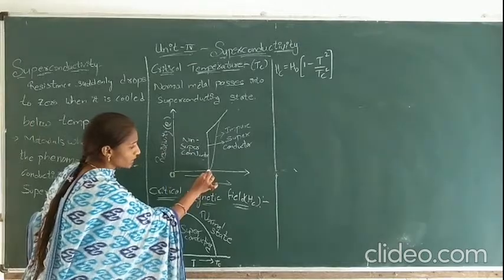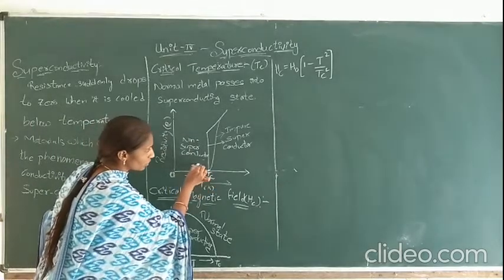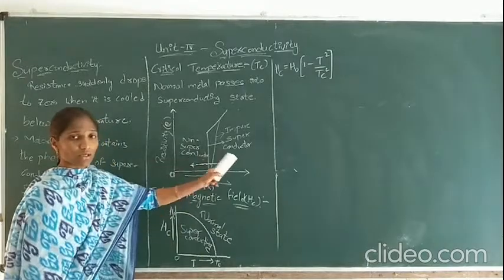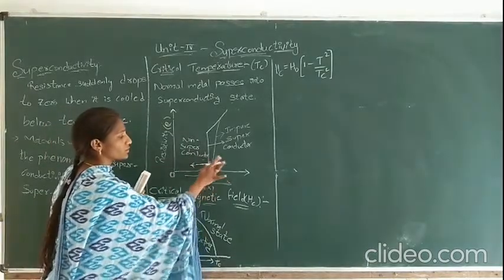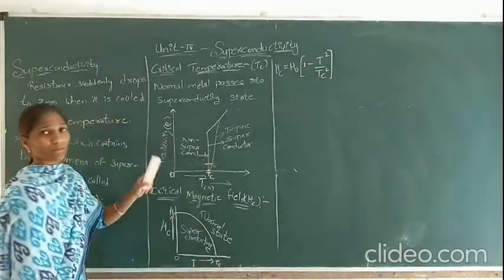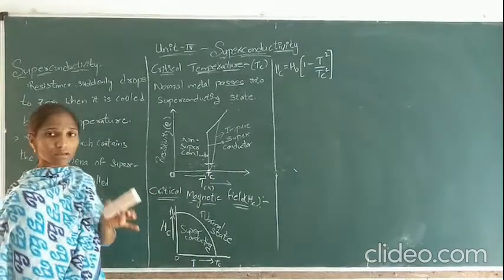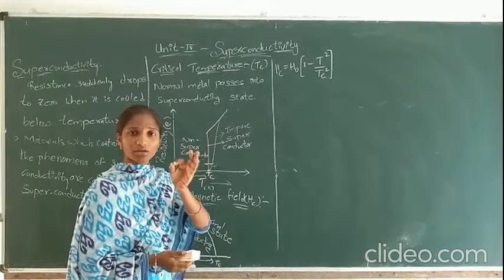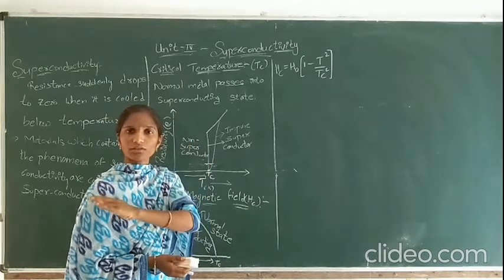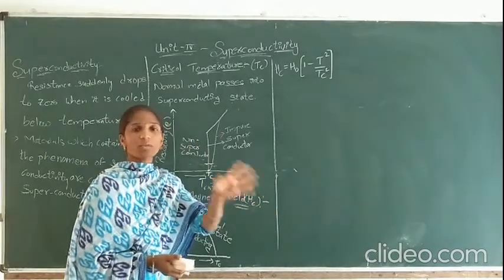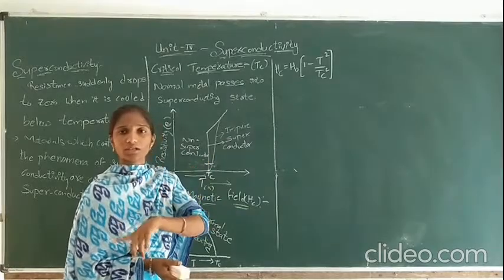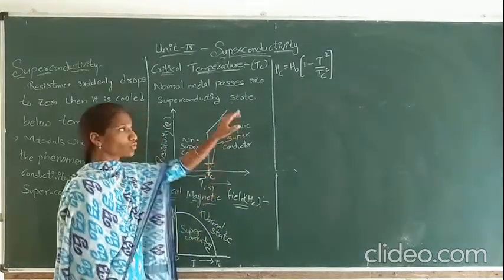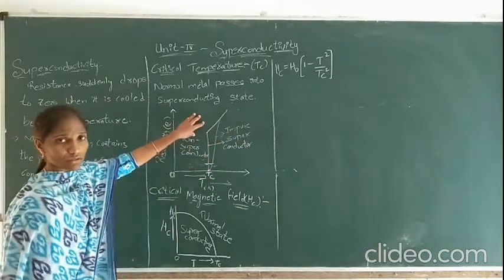At this particular temperature the material acts as a superconductor. So the critical temperature is the particular temperature at which the normal conducting state passes to the superconducting state.